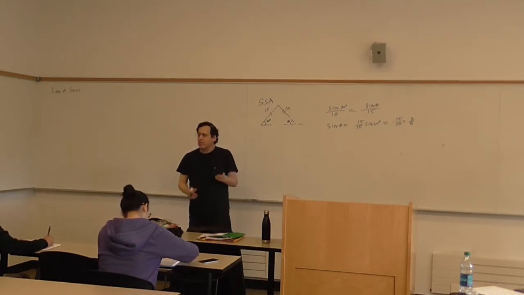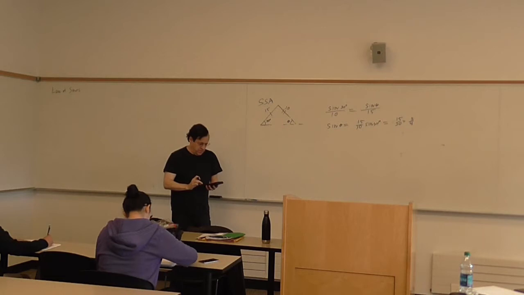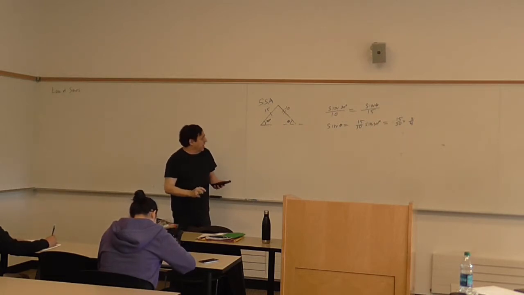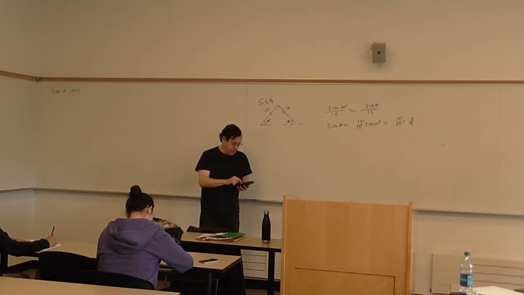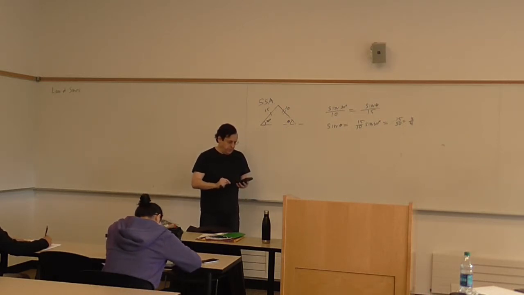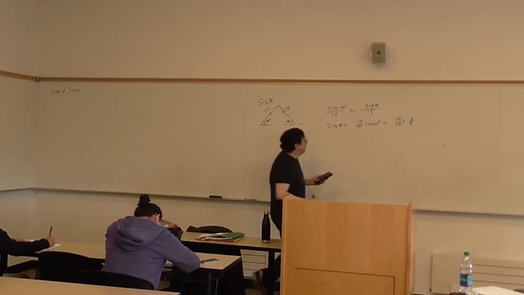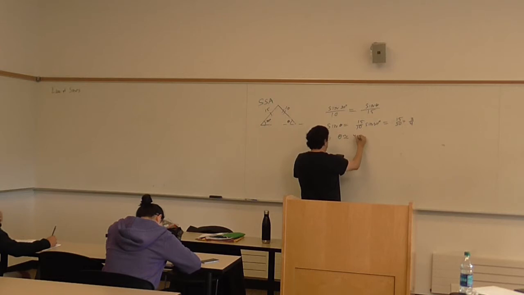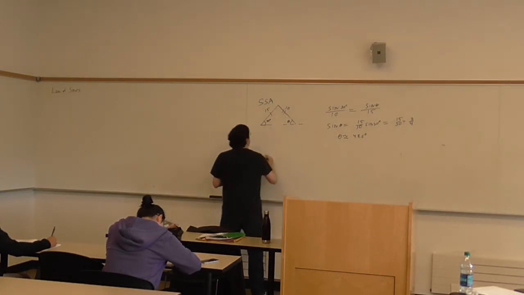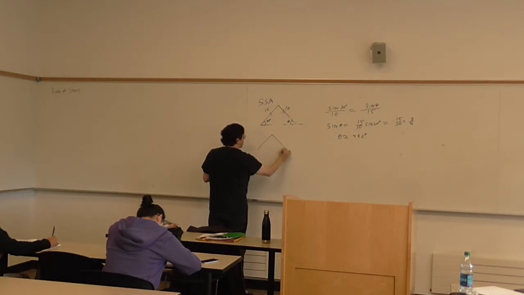Let's just do the obvious thing. We'll take our calculator and let's find out what the inverse sine of 3/4 is. All right, that's 3 divided by 4. We get theta approximately 48.6 degrees. Okay, so now we have a triangle here.